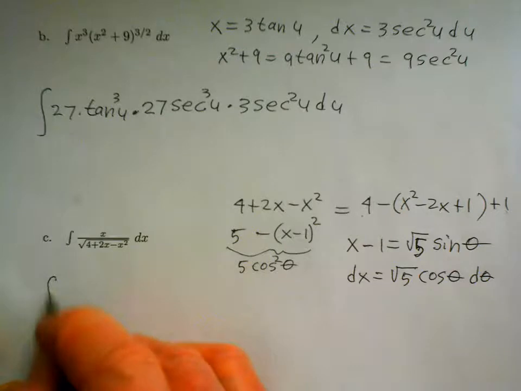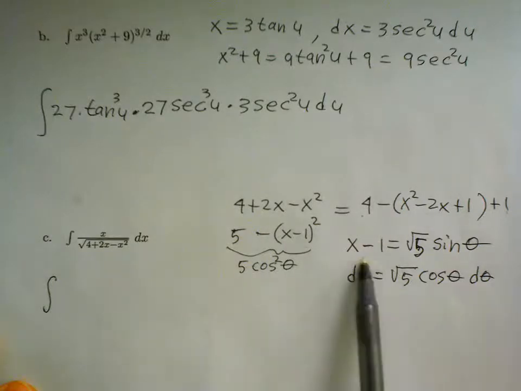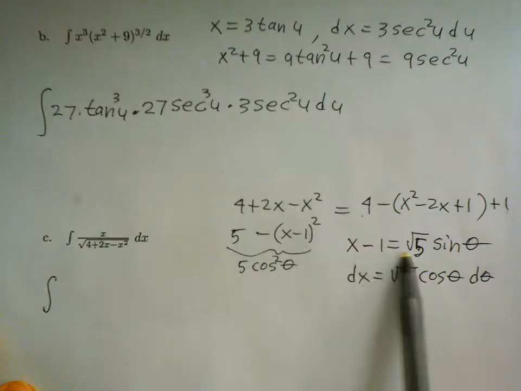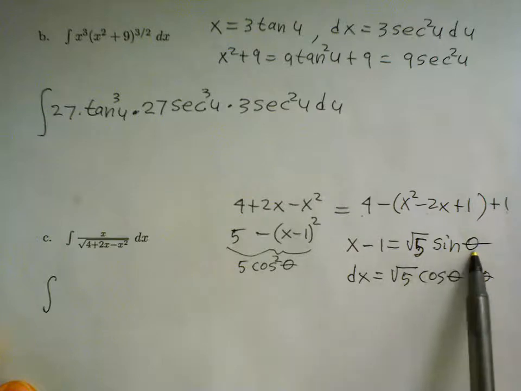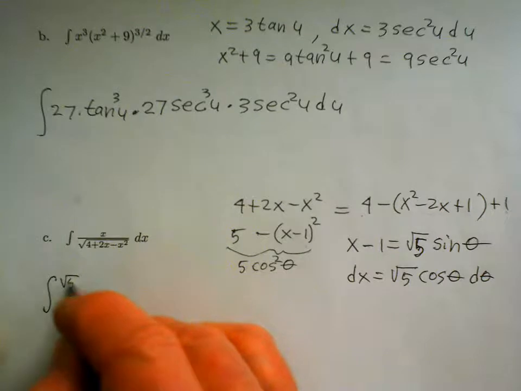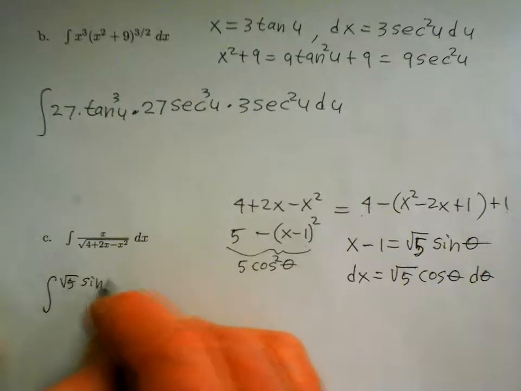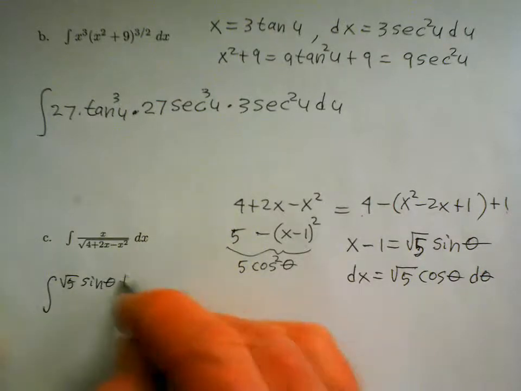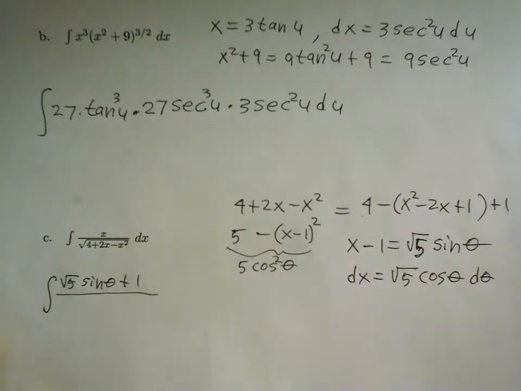And that's going to go inside the square root. So we'll take this a step further. Since x minus 1 is the square root of 5 times sine of theta, x will be the square root of 5 times sine of theta plus 1. And in the denominator, we're going to take the square root of 5 times cosine of theta squared.